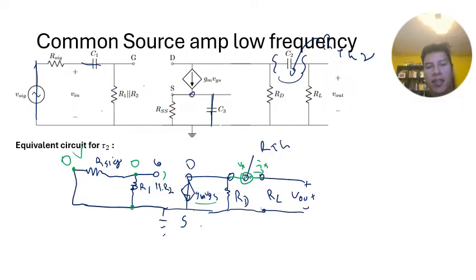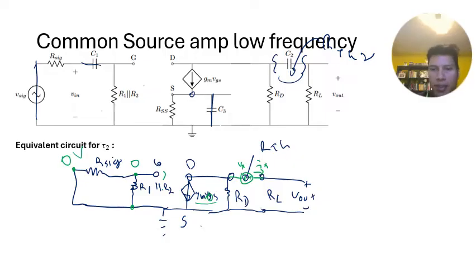So VGS is actually 0 volts. So that means there's actually no current flowing through this current dependent source. And now we need to actually figure out what Vx over Ix is.